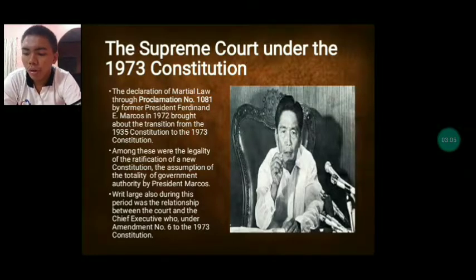This period brought legal issues of essential importance and consequence. Among them were the legality of the new constitution and the assumption of total authority by the government under President Marcos, and the factual basis of the declaration of martial law by the chief executive.